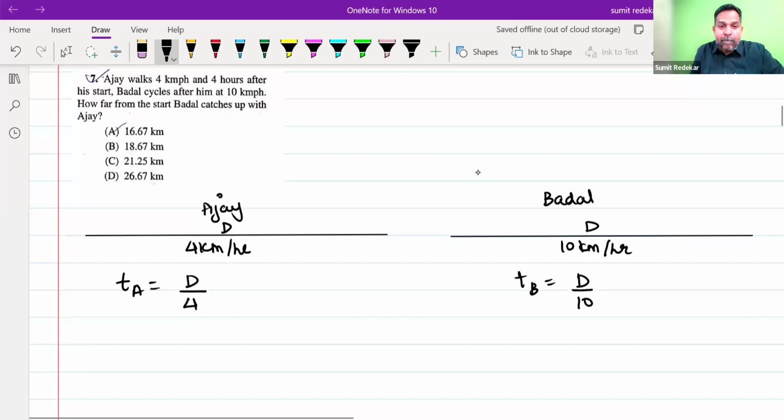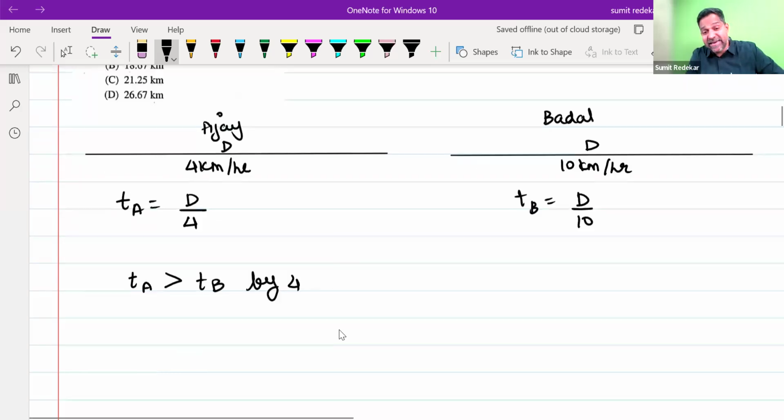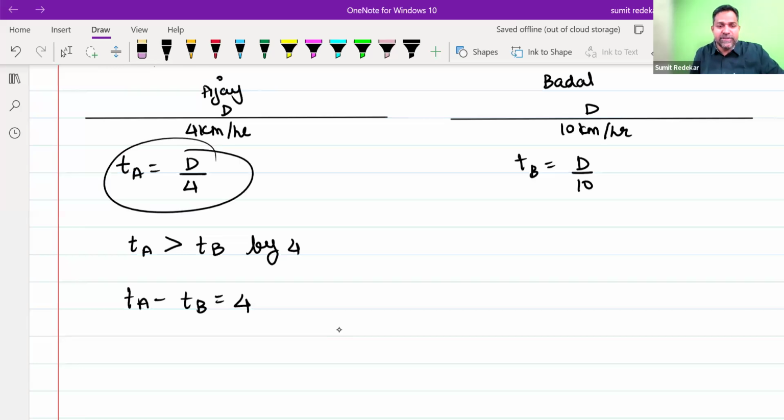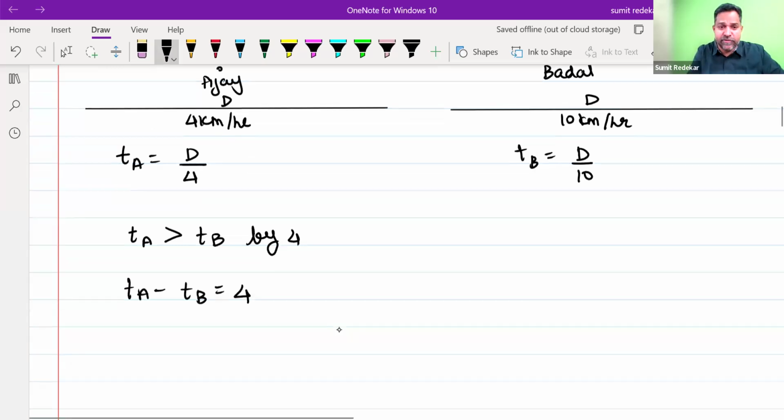Now we know that Badal started 4 hours after Ajay, which means that the time taken by Ajay and the time taken by Badal is different. Ajay took more time than Badal by how many hours? By 4 hours, because Badal started 4 hours later, which means that the time of Ajay minus the time of Badal should be 4. But one minute, don't we know their timings in terms of distance?